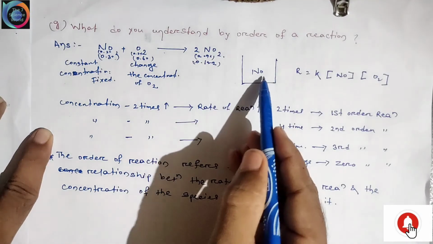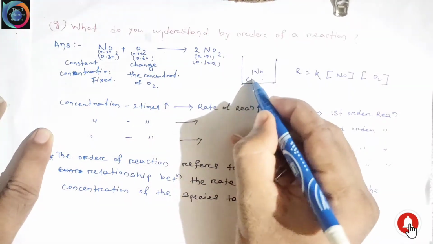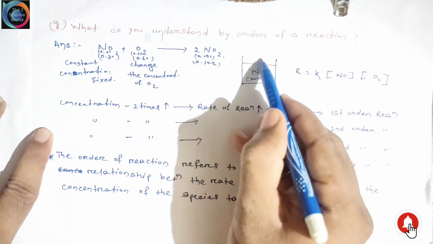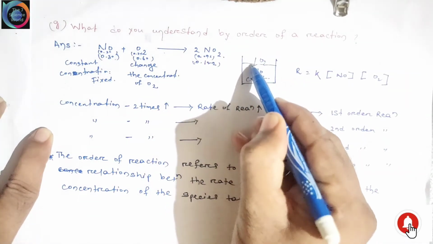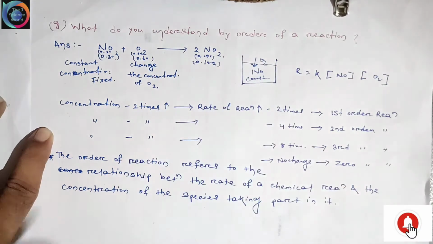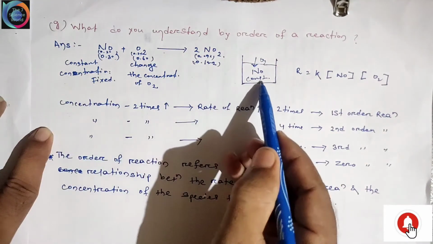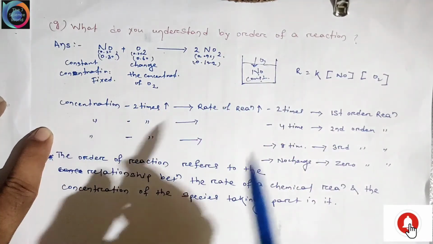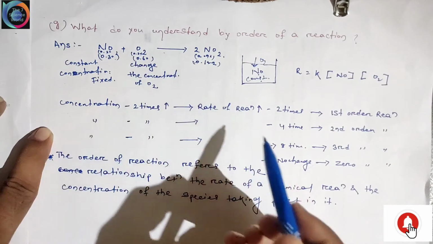The concentration of NO is constant, and we add some O2 to the solution and a reaction takes place. So we fix the concentration of NO and we change the concentration of O2.